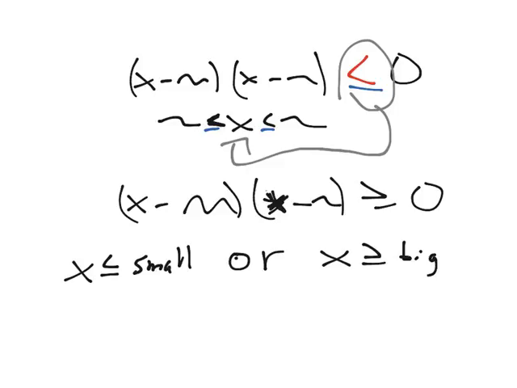This is also always true, that this will give you the or, as long as you keep your a positive. If you don't keep that a positive, then you're going to have to do a little more work to get the same answer. But the best way is to just keep that a positive, and to just remember, less than gives you an and statement. Greater gives you an or statement.